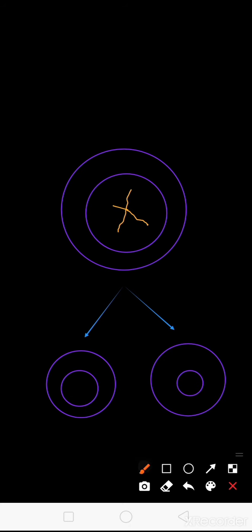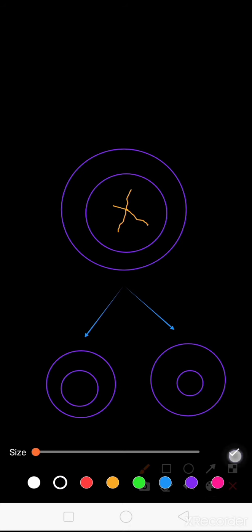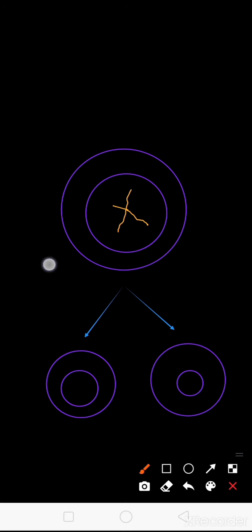So because this cell is only one secondary spermatocyte, and we know that two secondary spermatocytes are formed from one primary spermatocyte, there is another division in the other secondary spermatocyte, and because of this four haploid cells are going to be produced from two secondary spermatocytes and from one primary spermatocyte.